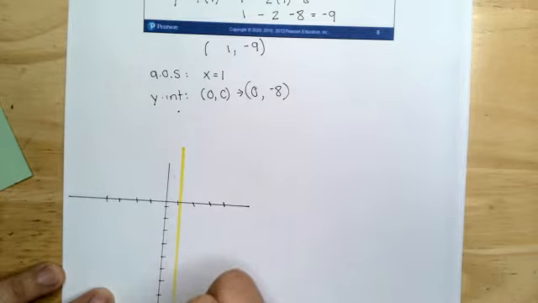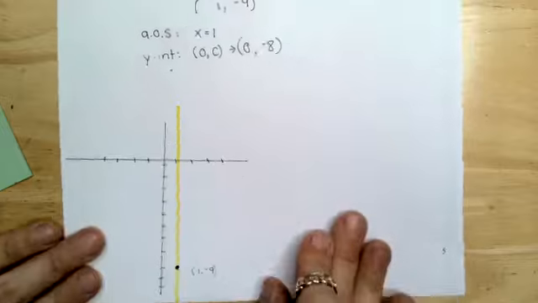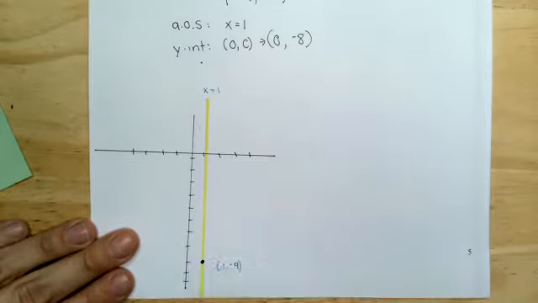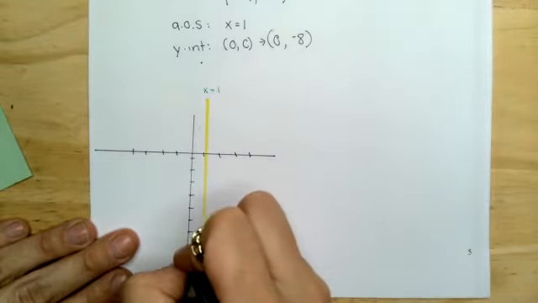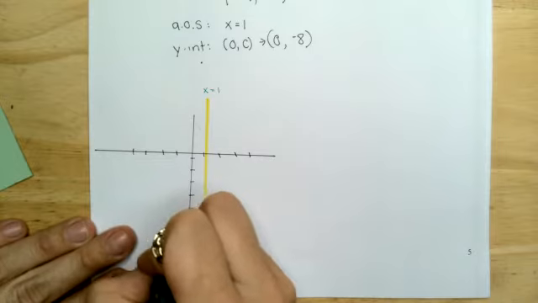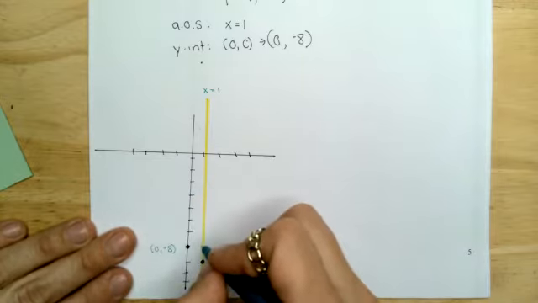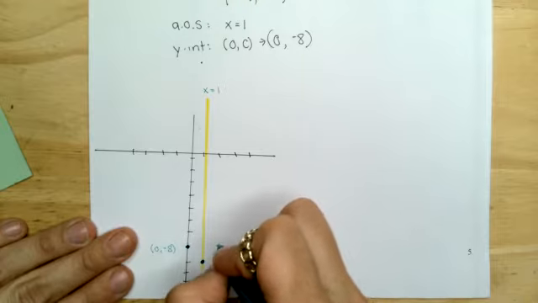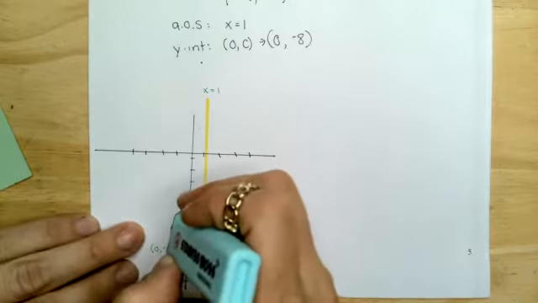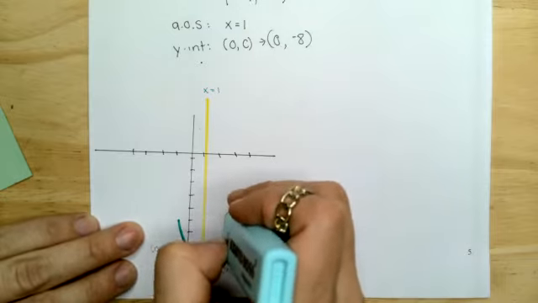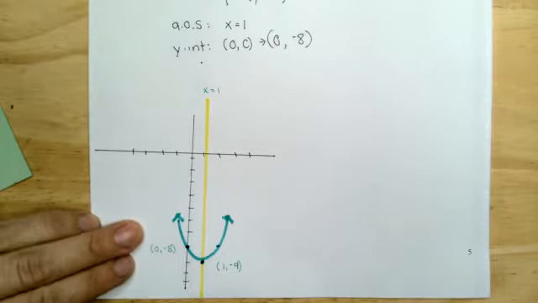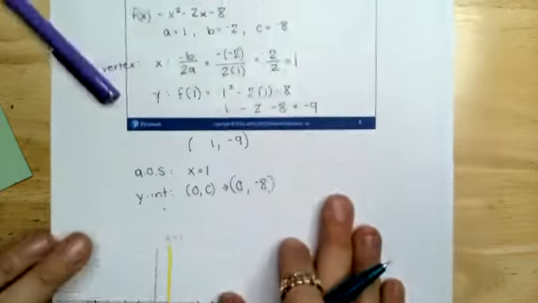So right here, oh, sorry, 1, -9. This is x equals 1, and my y-intercept is 0, -8. So I went up 1 to the left 1. That means to make it symmetric, I need to go up 1 to the right 1. And there's my graph. Good. Find the domain and find the range.